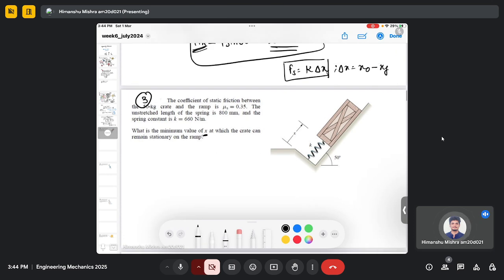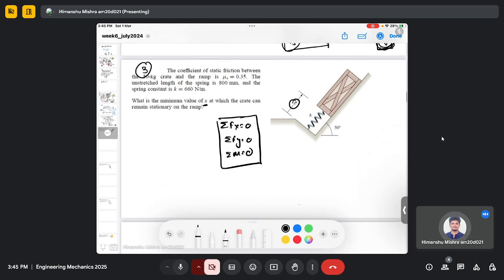Basically we need to find this xf, this length, the final length of the spring. So in order to find the xf, we already know the concept of how we should start solving this problem using those equilibrium equations. So we know that in order to find this xf, I need to find this Fs, the spring force.